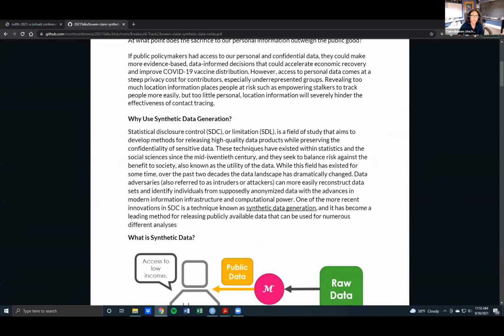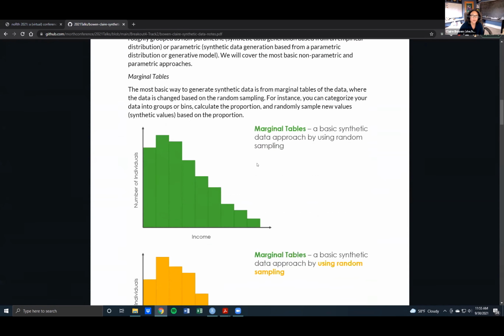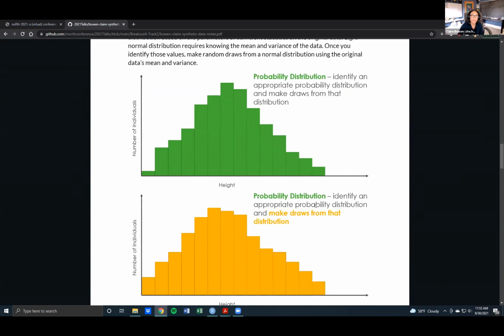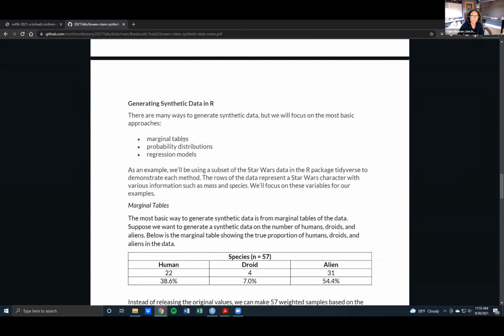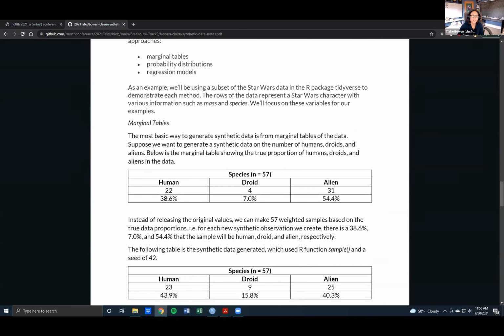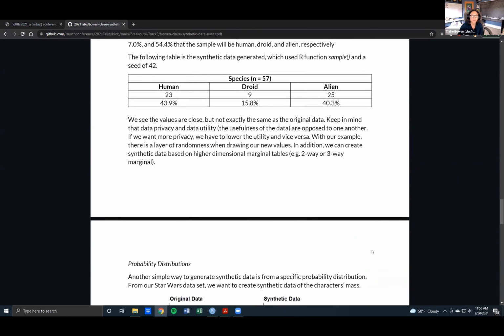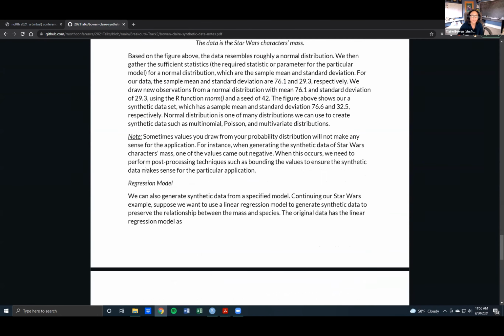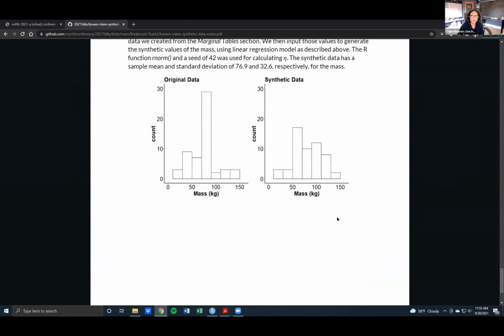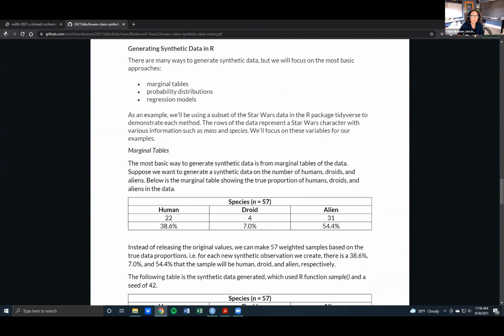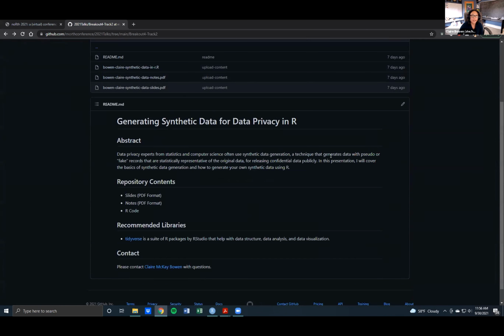So not just following the R code, you can read this and it goes through the same thing I did on the slides, and talks about how you can generate the synthetic data with the marginals, probability distribution, regression, basically what I said, but written all the way down here, and maybe some additional information too, as well as my slides. I just wanted to point that out in case people wanted to have something printed on the side.